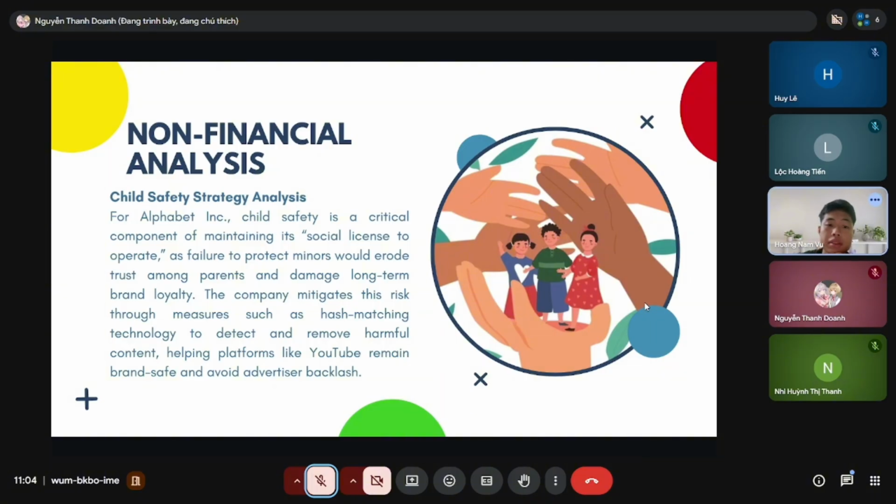For Alphabet, child safety is a critical component of maintaining its social license to operate, as failure to protect minors would erode trust among parents and damage long-term brand loyalty. The company mitigates this risk through measures such as hash matching technology to detect and remove harmful content, helping platforms like YouTube remain brand safe and avoid advertiser backlash.